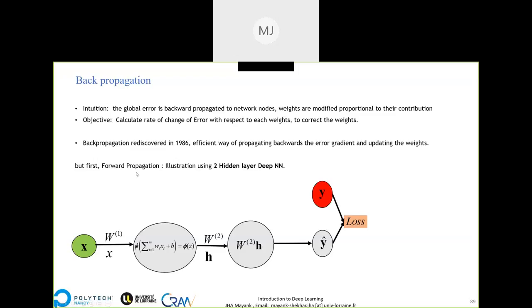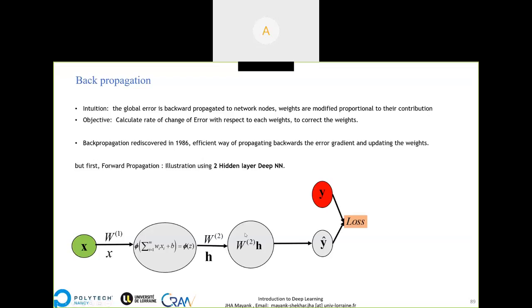Let's first look at what is forward propagation. So this forward propagation is easy to understand. Input data goes through a set of neural nodes, neurons, goes through the summation, goes through the non-linearity. So you have the non-linear function here. Then you have the output, which goes through another layer, the second layer with their weights.